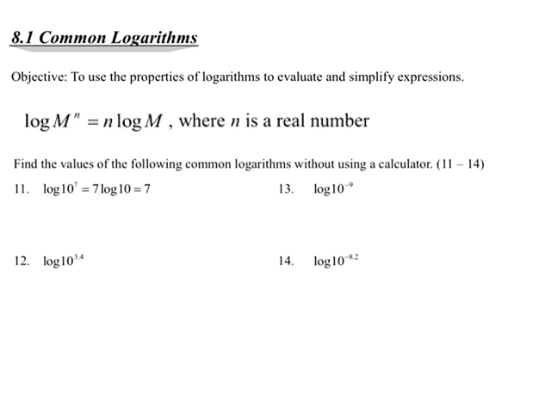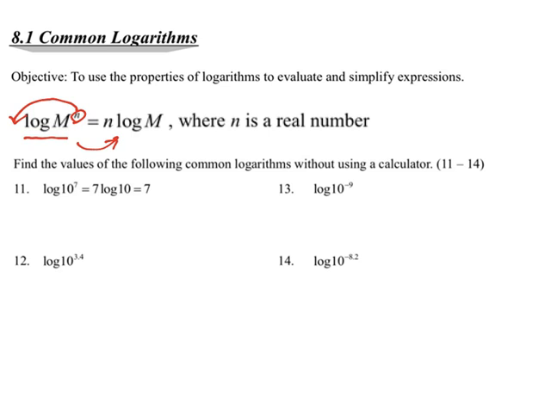Next, we'll see the common log. First, we look at the first property. The first property actually is the most powerful. We'll see a log of m with power n. For this, we put the power n into the coefficient position.